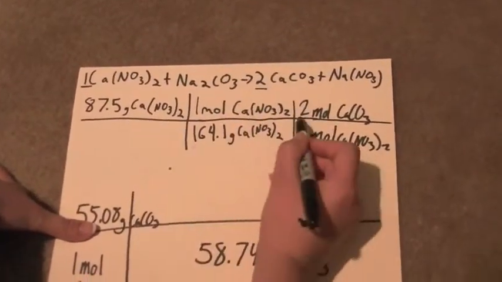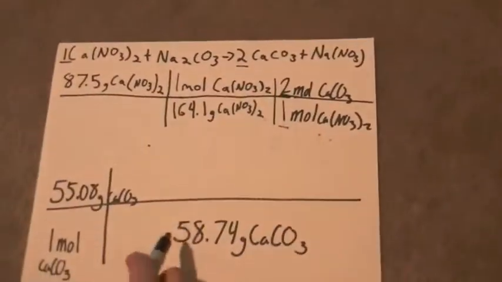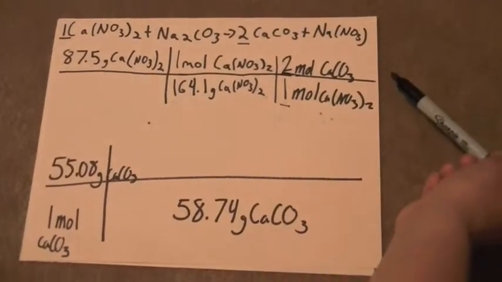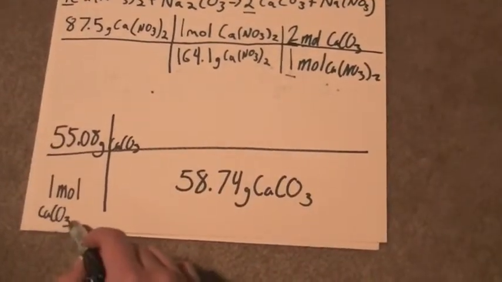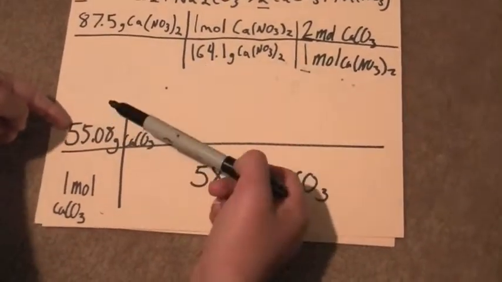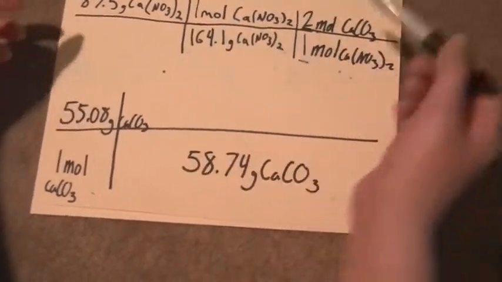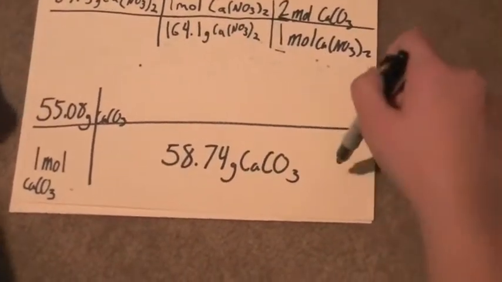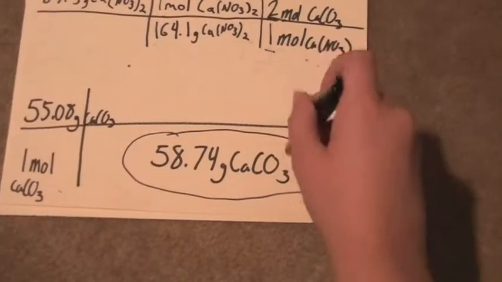So it's a 2, which is right here. And then that gets put into 1 mole of the calcium carbonate, and you have to find, again, the molar mass of it, which is the 55.08, which gives you the grams of the calcium carbonate produced.